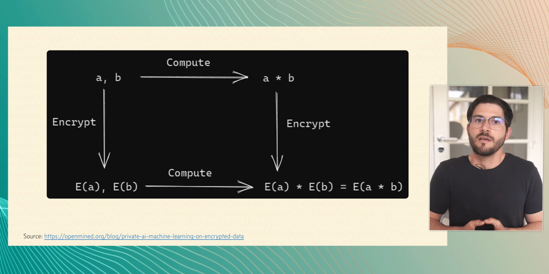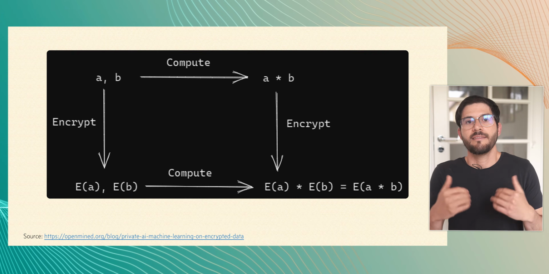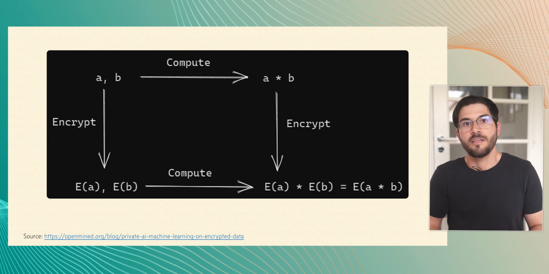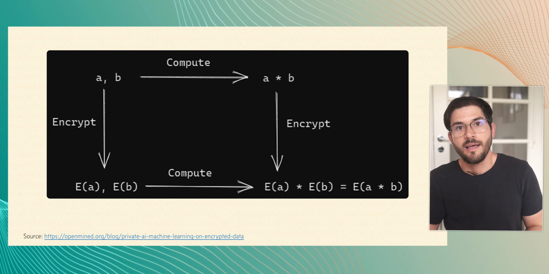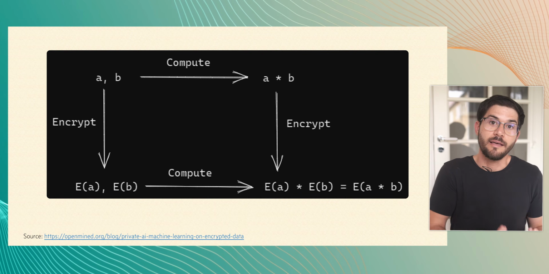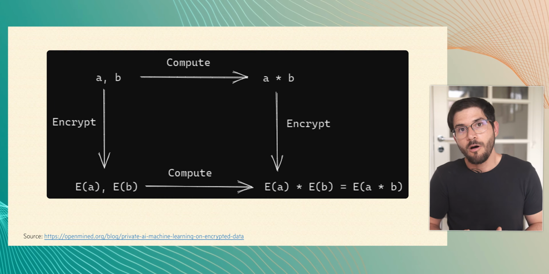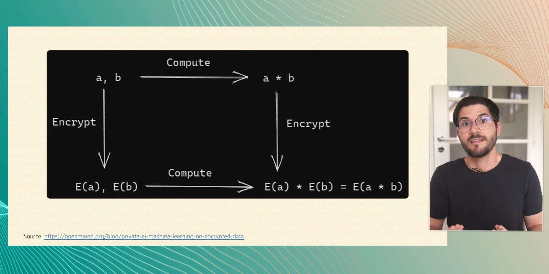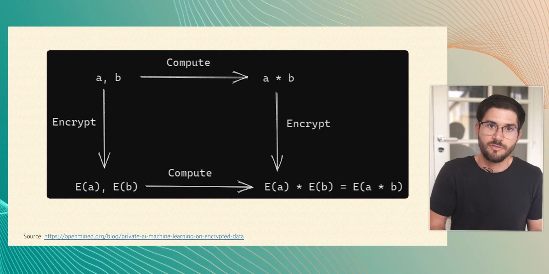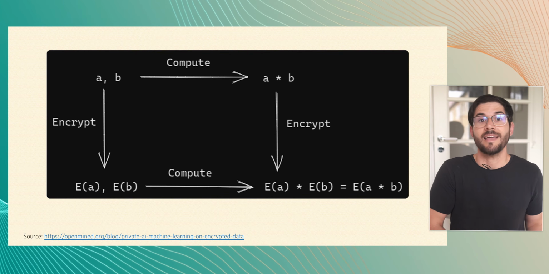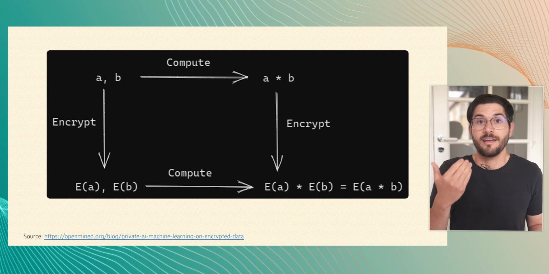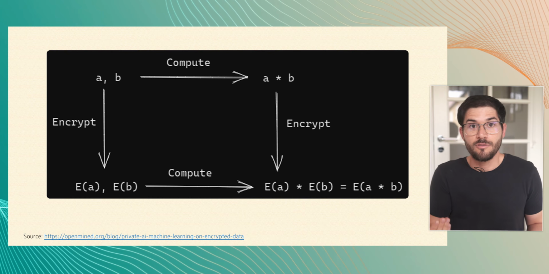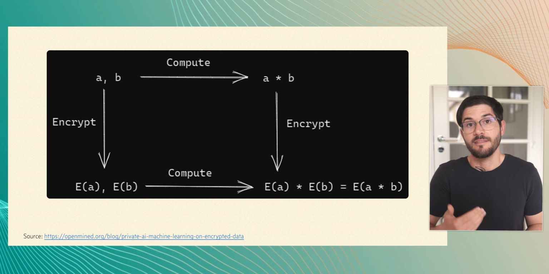In other words, you can multiply while things stay encrypted, and you will get the same answer as if you had decrypted them first. So homomorphic encryption makes the diagram commute. Whether you compute then encrypt or decrypt and then compute, you arrive at the same encrypted results.